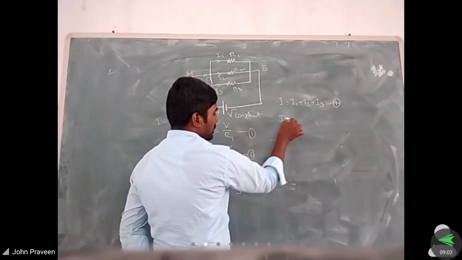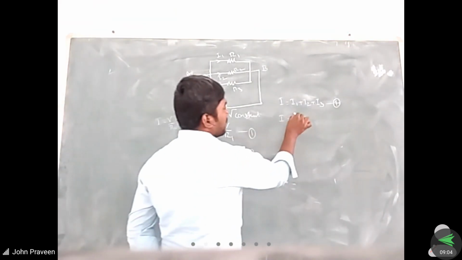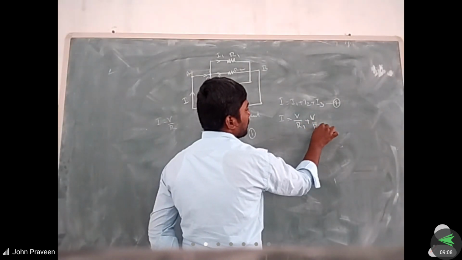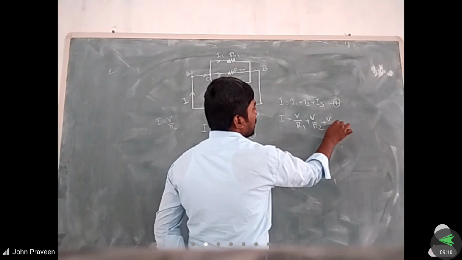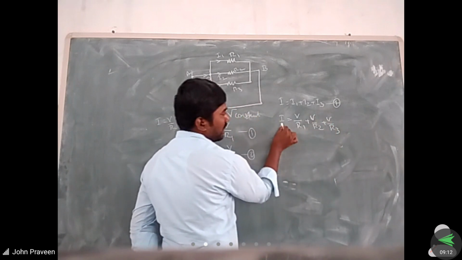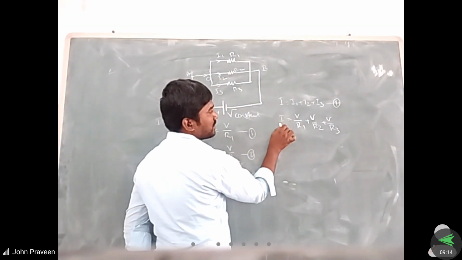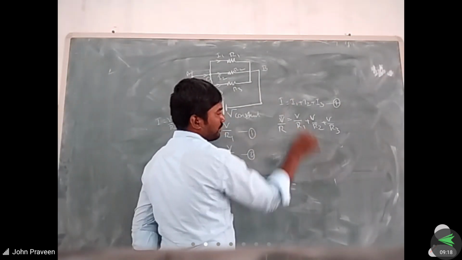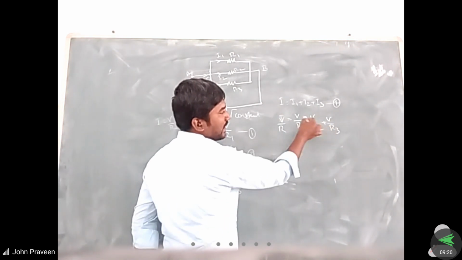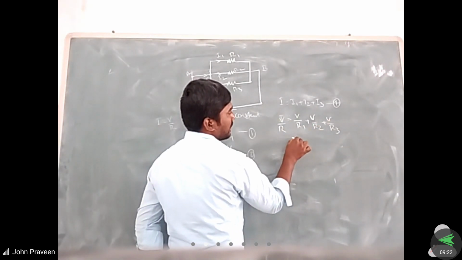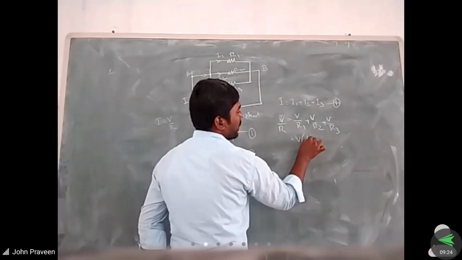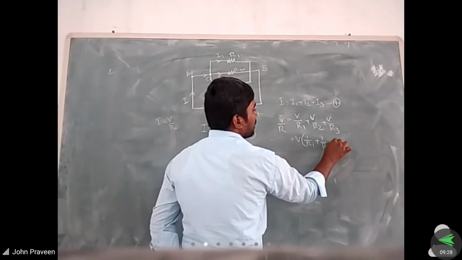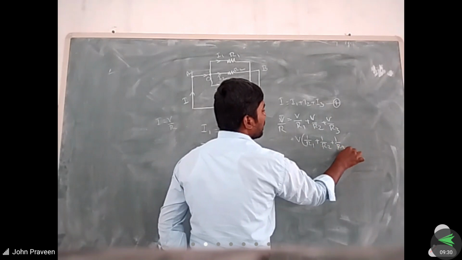I is equal to, instead of I1, we can write V by R1, V by R2 plus V by R3. Similarly, instead of I, we substitute V by R. Where V is common on the RHS, so we take V as common: 1 by R1 plus 1 by R2 plus 1 by R3.